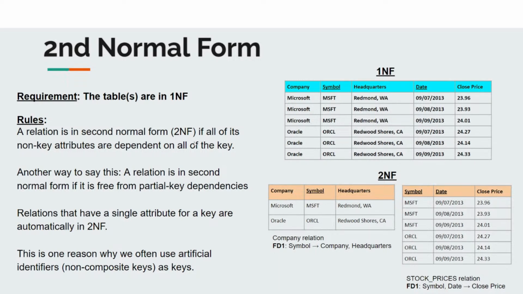Some more database lingo, but what that means is that these non-key attributes are dependent on the symbol. And you see, the closing price here is dependent on Microsoft and the date, and the headquarters and company is dependent on the symbol.